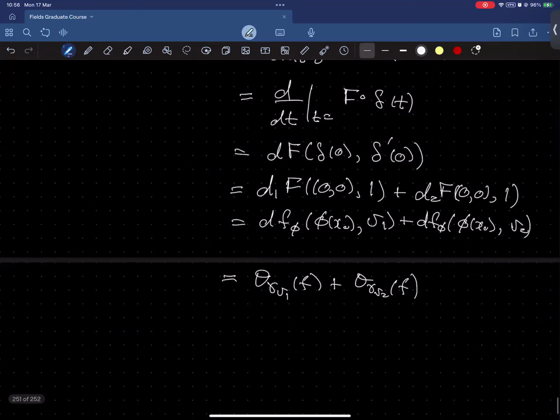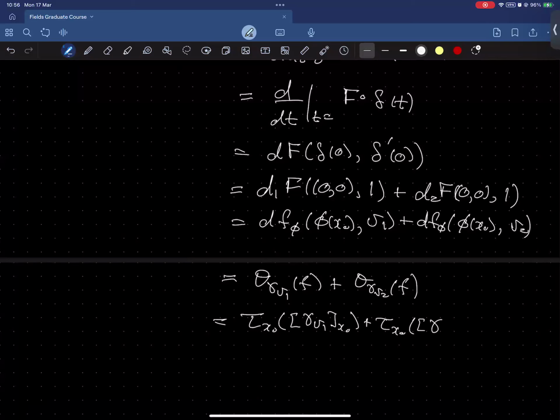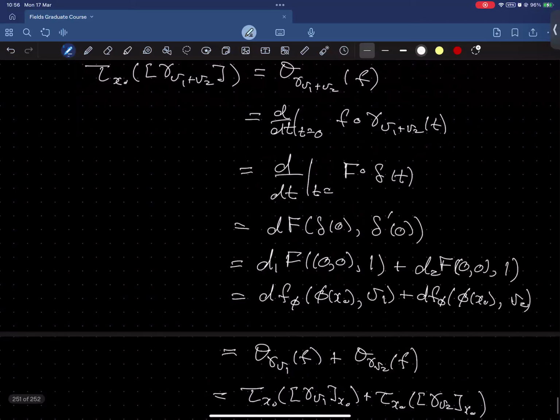And so therefore, this is tau x naught of gamma v1 at x naught plus tau x naught of gamma v2 at x naught. So that's linearity.